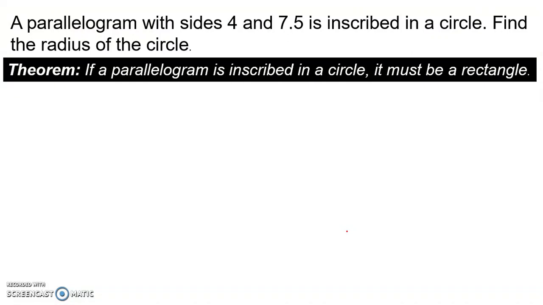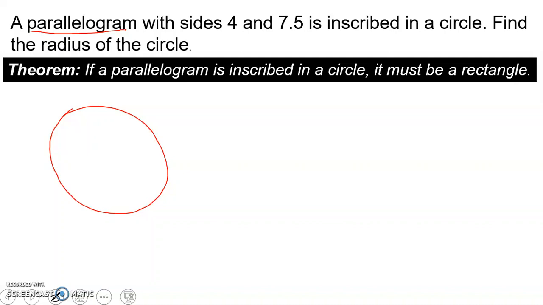Okay. A parallelogram with sides 4 and 7.5 is inscribed in a circle. So there's a theorem that if a parallelogram, which means opposite sides are parallel, is inscribed in a circle, that parallelogram must be a rectangle, nothing but a rectangle. It could also be a square because a square is a rectangle.